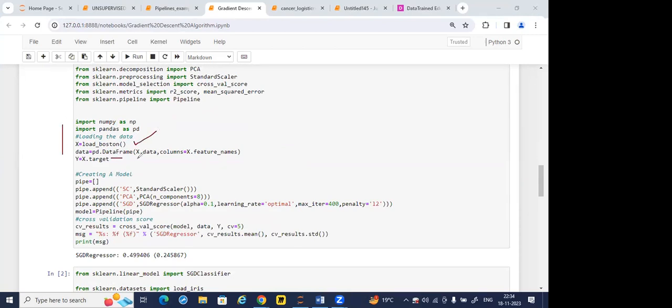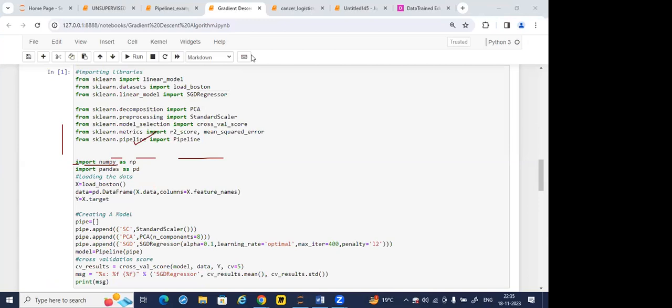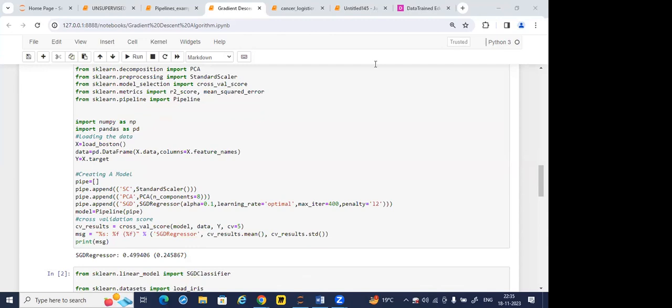Inside the data frame I'm loading the input data, taking the feature names, and into Y I'm calling the output data. Now I'm going to use this SGD regressor, which I already imported from sklearn.linear_model. This is a stochastic gradient descent regressor, which works internally to reduce the error to the maximum level. So here I'm going to call it.